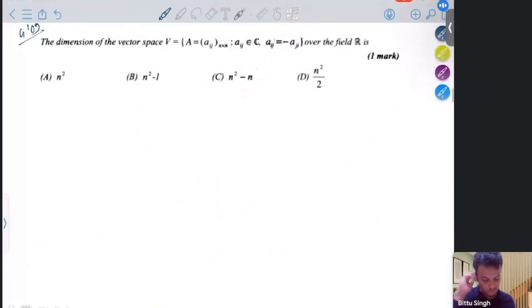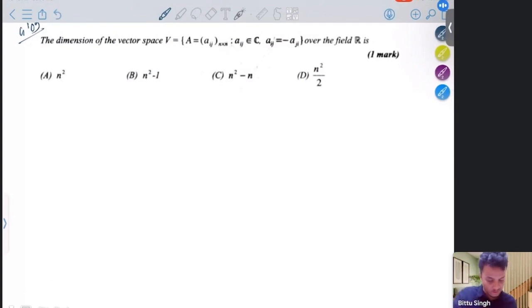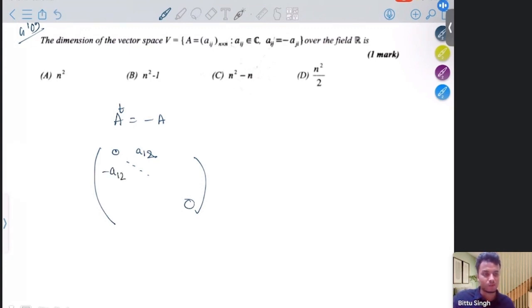So consider this problem from GATE 2009. Here, the space is given by a skew symmetric matrix, that is A transpose is the same as minus A. So we know for a skew symmetric matrix, the diagonal entries are all 0, and a12 is the same as minus a12 flipped; that is, if we flip along the diagonal, it will reverse the sign.